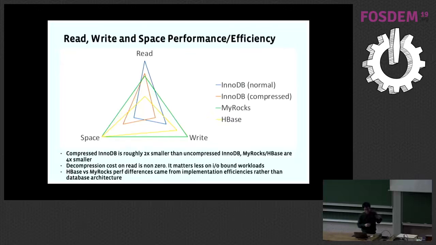MyRocks is even smaller, about 4 times smaller compared to compact InnoDB, or 2 times smaller compared to compressed InnoDB. Write efficiency is also better, but read performance is slightly worse compared to InnoDB. The HBase implementation is a bit inefficient, so its space was smaller, close to MyRocks, but its read and write performance is worse than MyRocks.